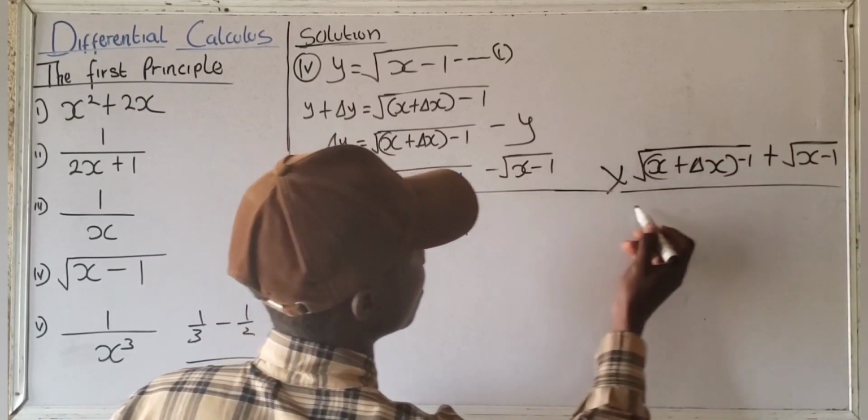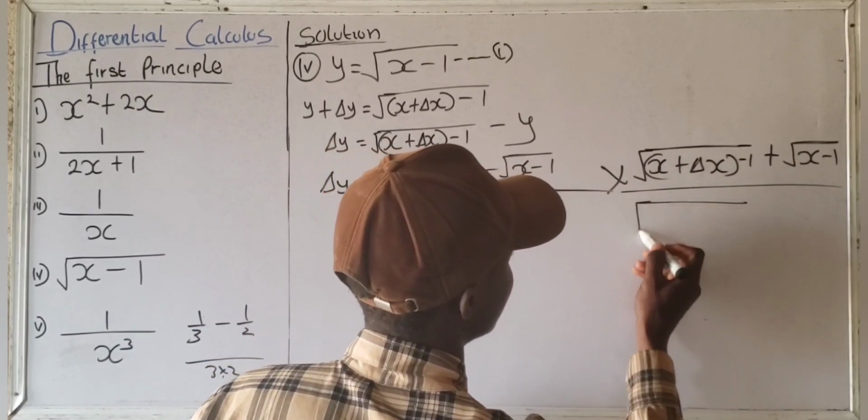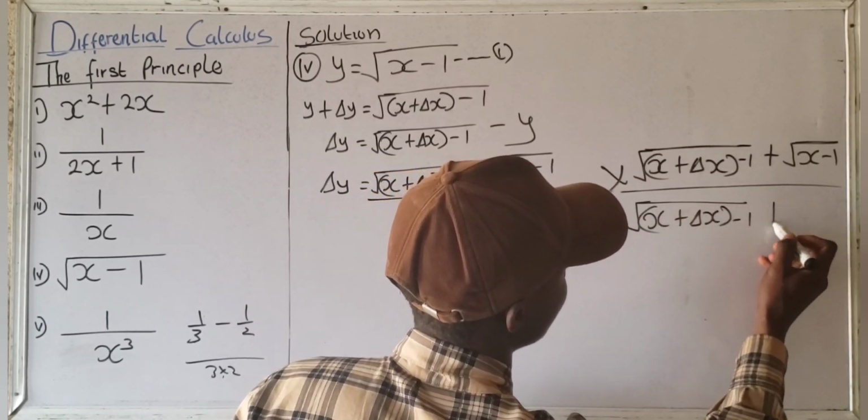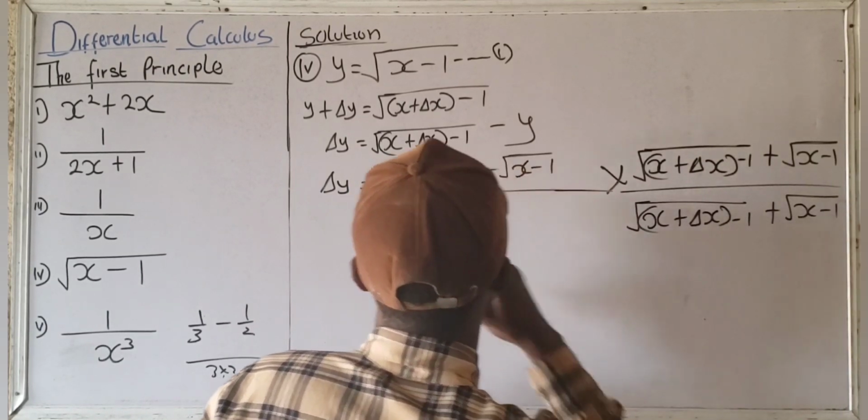This all over 1 multiplied by the square root of x plus delta x minus 1 plus the square root of x minus 1. Okay?